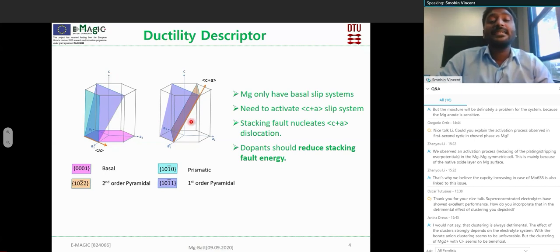Several studies indicate that the stacking fault in the structure can nucleate the c+a dislocation, which in turn activates the c+a slip system. So here we are looking for dopants which reduce the stacking fault energy on doping with magnesium. We compare the stacking fault energy of pure magnesium with that of magnesium with the dopant, and check whether the dopant reduces the stacking fault energy.